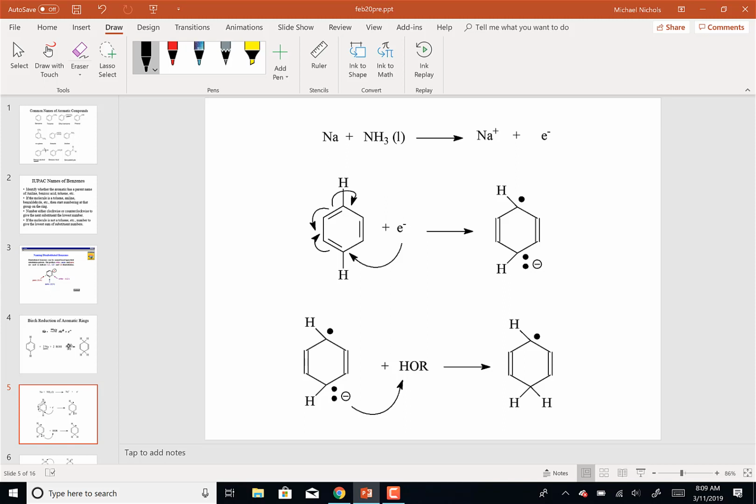If you were to go back to the beginning of the semester and remember when we added sodium metal and liquid ammonia to a triple bond, we ended up reducing that triple bond into the trans double bond.